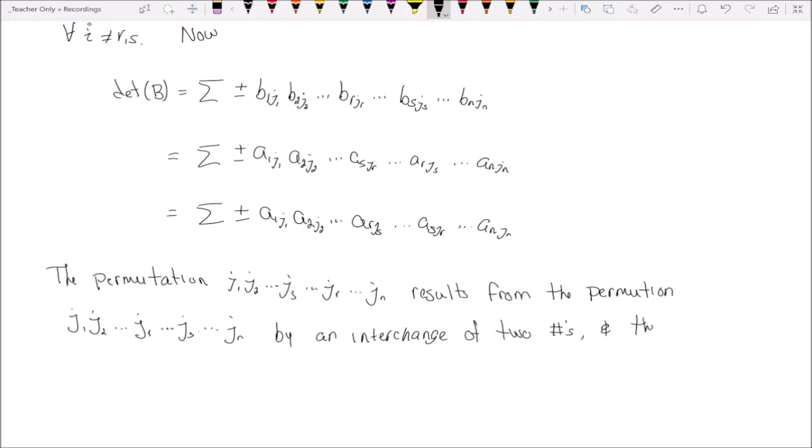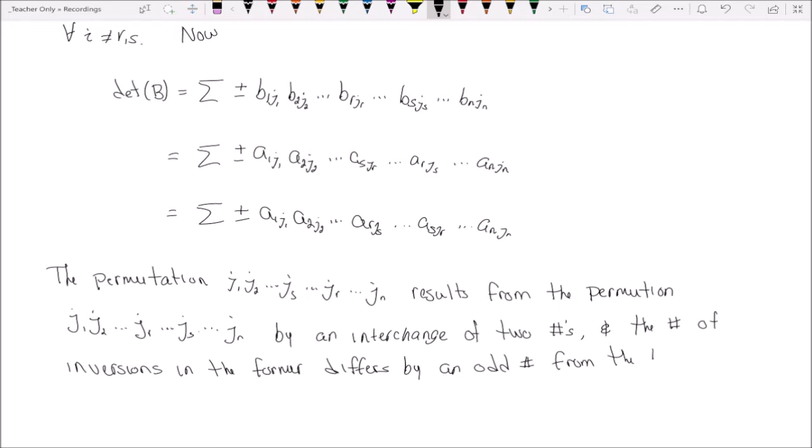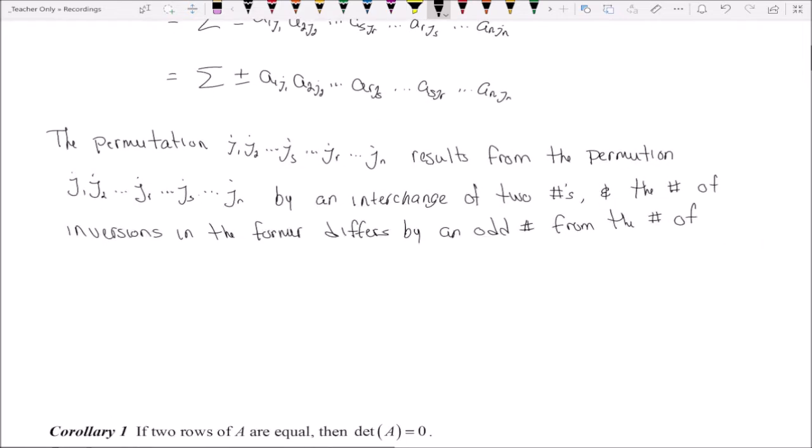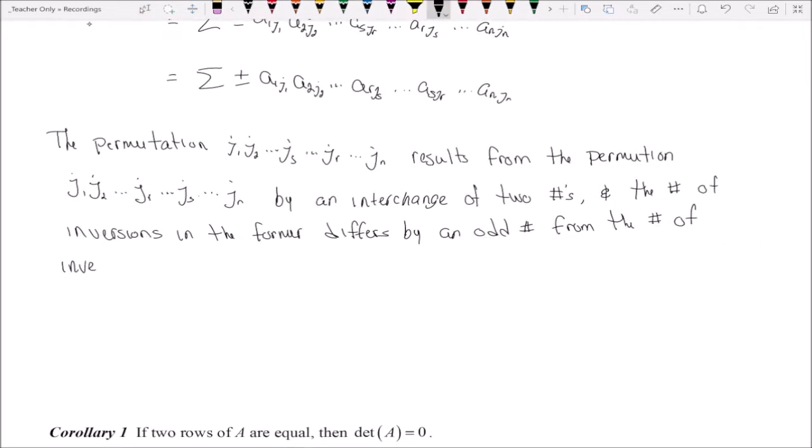Furthermore, the number of inversions in the former will differ by an odd number from the number of inversions in the latter.